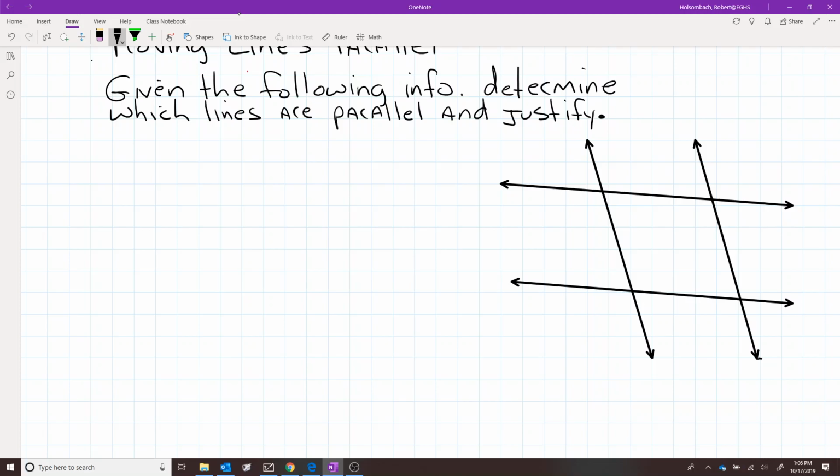Alright, then we're going to label the two vertical lines A and B, and the horizontal lines L and M. And we got to number all these angles.